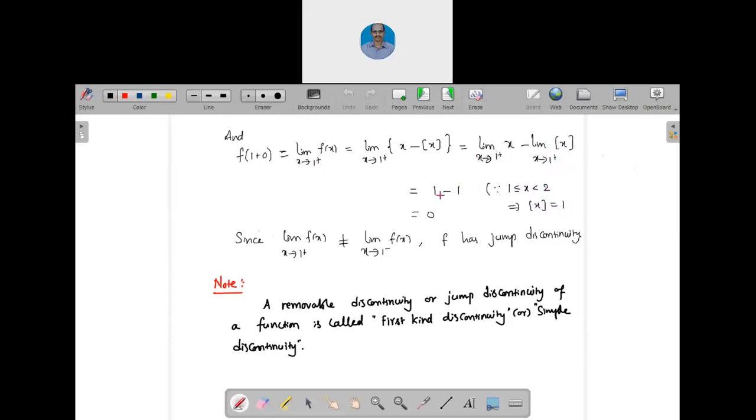Therefore the limit of x is 1 and the limit of [x] is 1. Hence 1 minus 1 is 0.